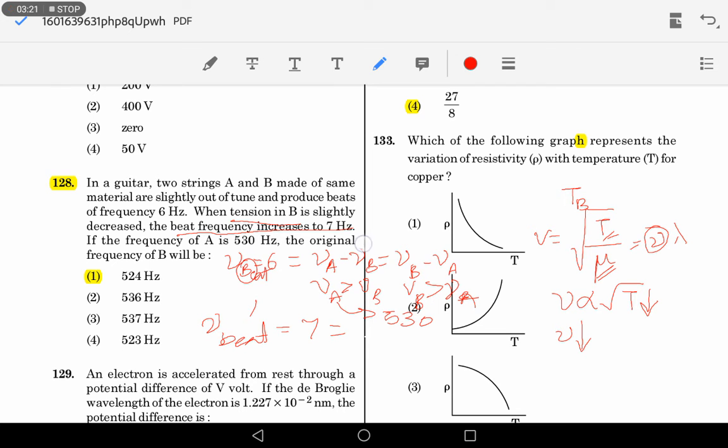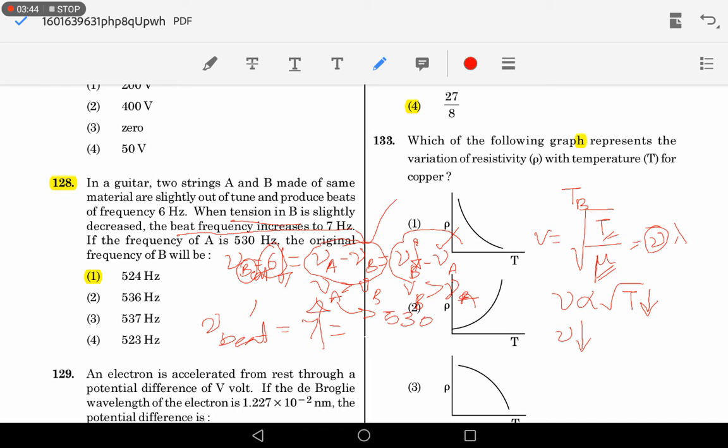So it's obviously going to be the first case, because if you consider the second case, there is actually a decrease in frequency of B. If the frequency of B decreases and frequency of A remains constant, then the actual beat frequency is going to decrease. But the beat frequency actually increases in this case.